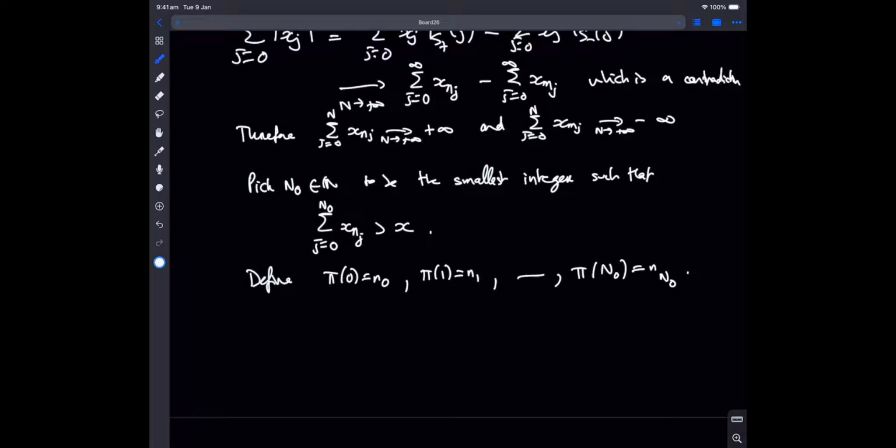So that defines capital N_0 plus 1 elements. And now I'm going to pick some other elements of the natural numbers to keep defining pi of N_0 plus 1, pi of N_0 plus 2, and so on and so forth.